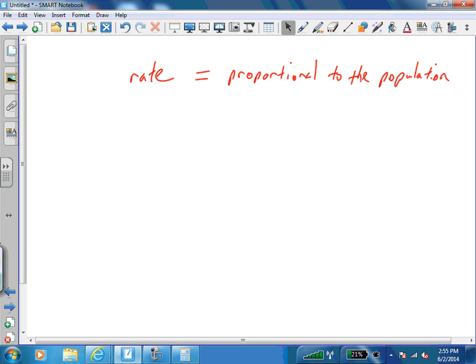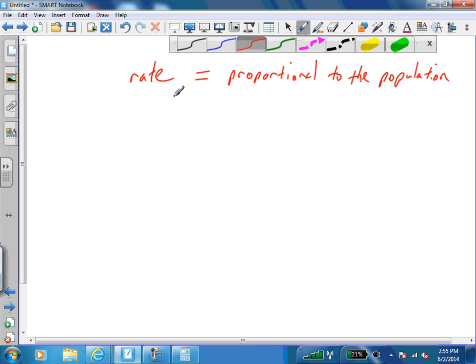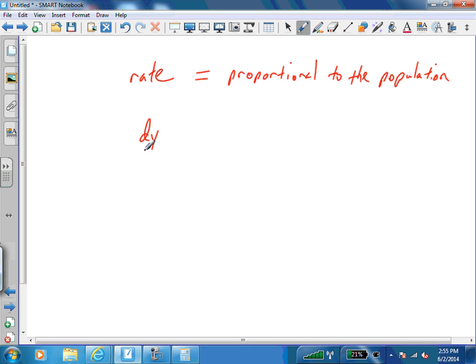So, let's suppose we have some situation, so let's call y our variable. The rate at which y is changing is proportional, so just some constant times how much we have. So y represents how much we have. Let's come up with a function that tells us, if we have a certain amount at a certain time, what our population is.